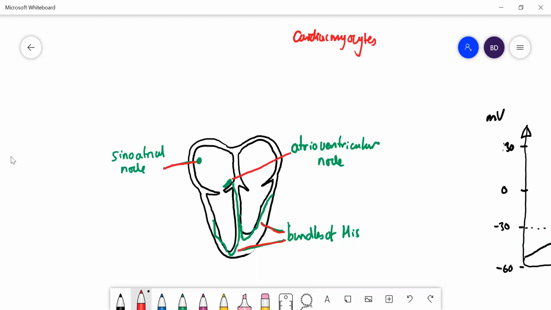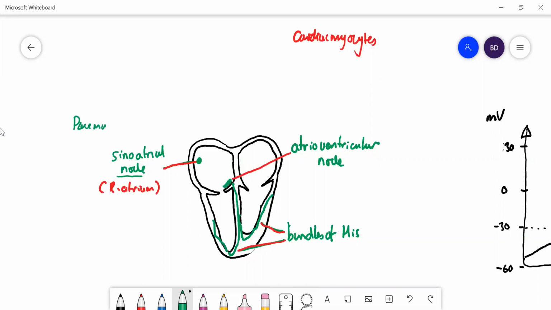Now in the right atrium, you have a special piece of tissue called the sinoatrial node. Apparently if you dissect the heart, you can see this, and it is a region of myocytes which have been specialized, and it's sometimes called the pacemaker.